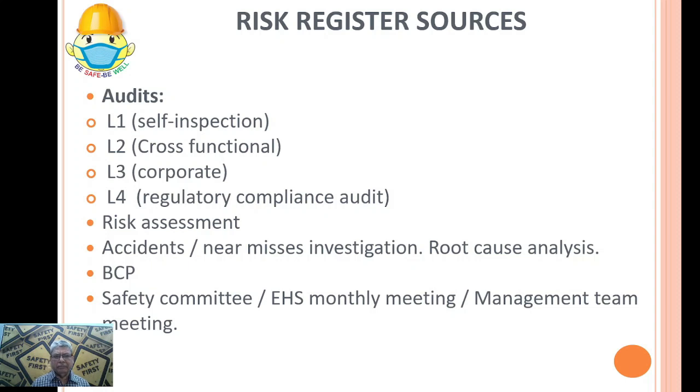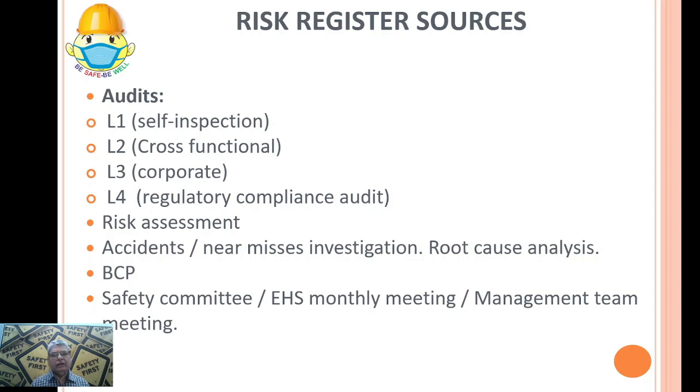L3 is a corporate audit, means there is a corporate office for the big companies, corporations, and people from the corporate office, head office, come to the site and they do the audit. So it is called L3 audit. And L4 audit is a compliance audit, that is done by the government authorities, to check whether you are complying with the laws or not, or it may be done by some legal experts.